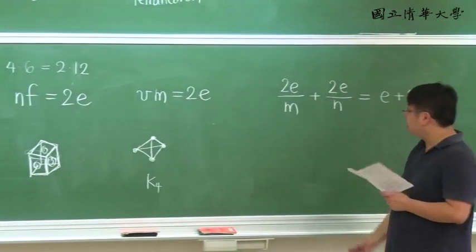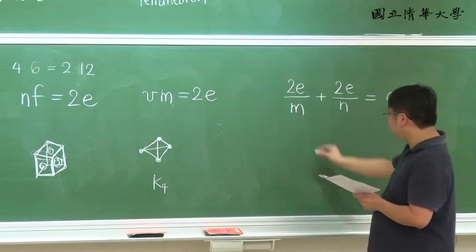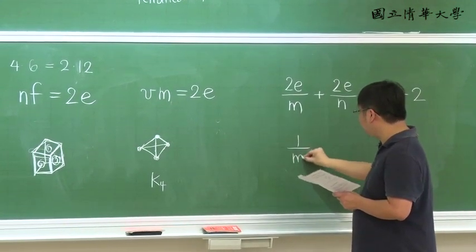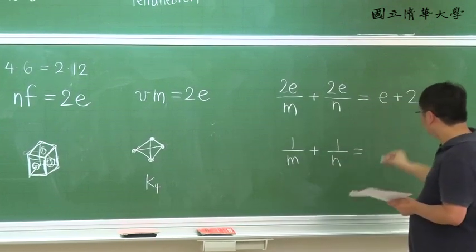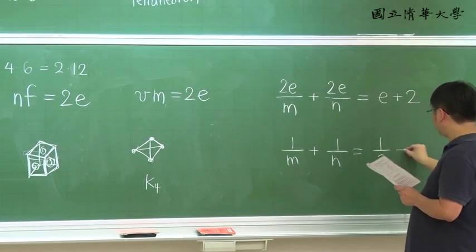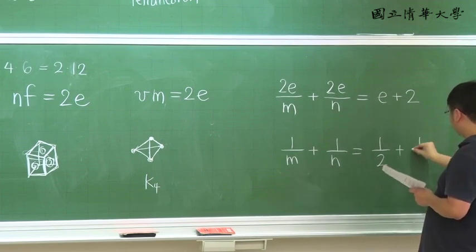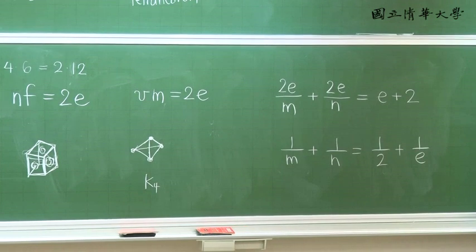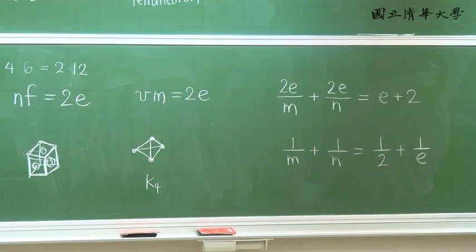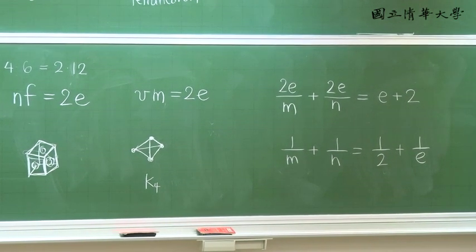By the Euler planar formula, we can divide by 2E on both sides. You get 1 over M plus 1 over N is equal to 1 over 2 plus 1 over E. Okay? If you are okay with this so far, could you please raise your hand?